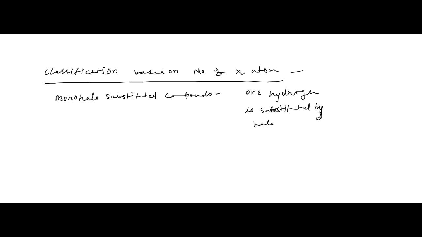Now you see what it can be. For example, we can take CH3Cl, CH3CH2Cl. It can be this one. Here it can be Cl, or we can make it Br.